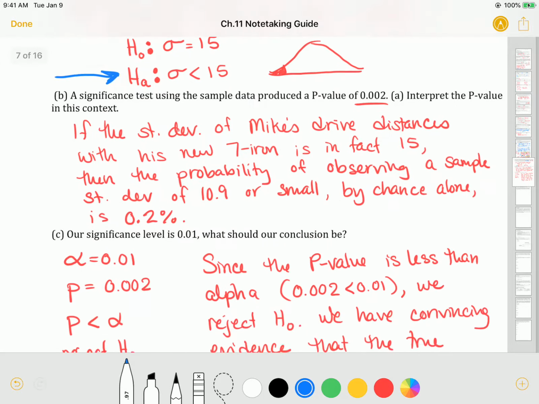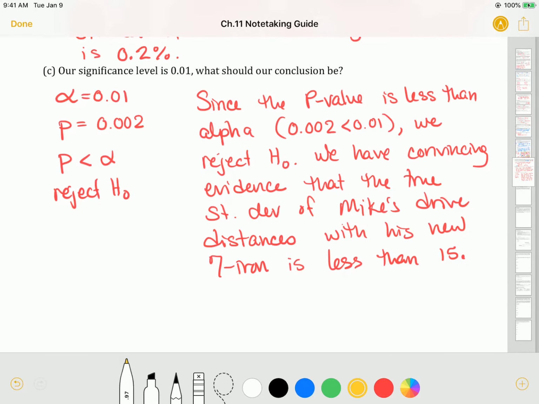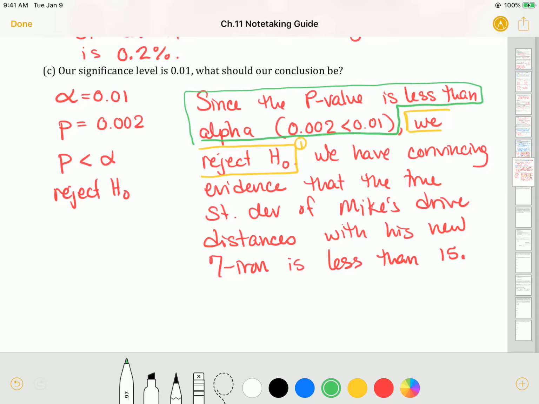Now going back to this example of Mike's drive distances, our conclusion is that we reject H0. So that's step number 1. That's our conclusion. Step number 2 is our evidence. Do we have the evidence piece in here? Yes, we do, since the p-value is less than alpha. So that's our evidence. And then finally, we have our linkage here.